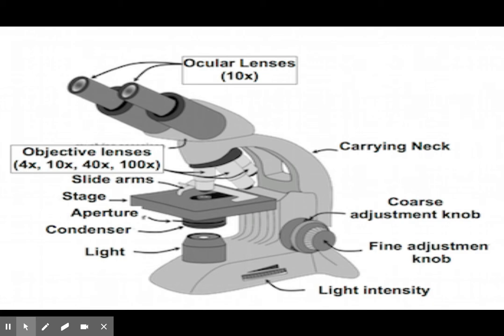The total magnification at the lowest setting is going to be 40 times magnified. The next setting, as you can see, is a 10. And so when multiplied by the ocular lens, which is also 10, 10 times 10 is 100. The image will be magnified 100 times. And then 10 times 40 is 400. And then finally, 10 times 100 is 1,000 total magnification.